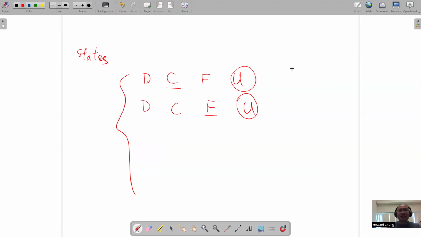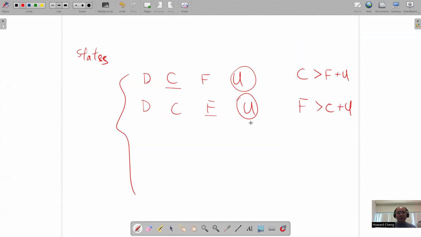So how do you know that C will always win? If C is greater than F plus U, then even if all the other voters turn to vote for the other side, you will still win. And the ones that you will always lose are those where, even if you can convince everybody to vote for you, you still lose.